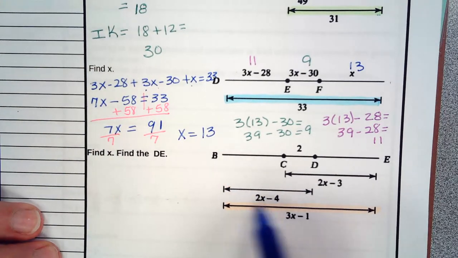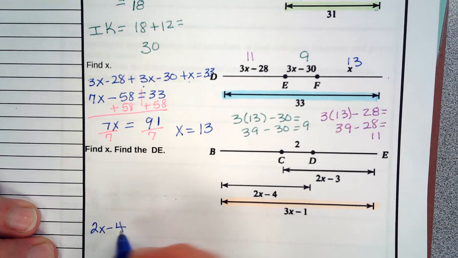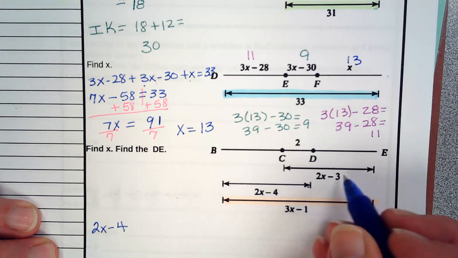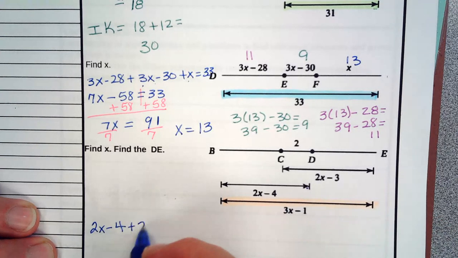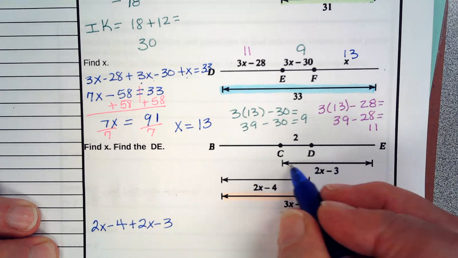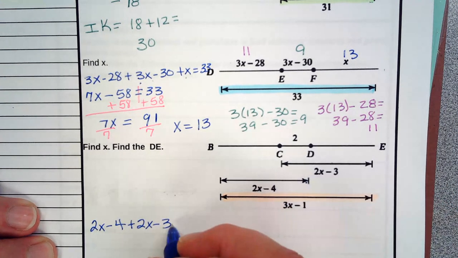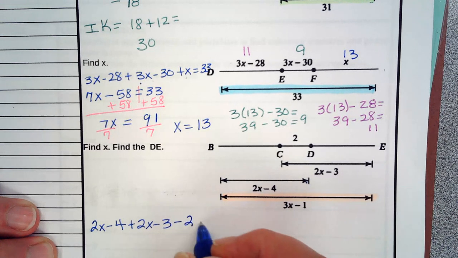Okay, so 2x minus 4 takes me to here. Plus 2x minus 3 takes me to the end. But I've added this 2-unit segment twice, so I've got to subtract it.